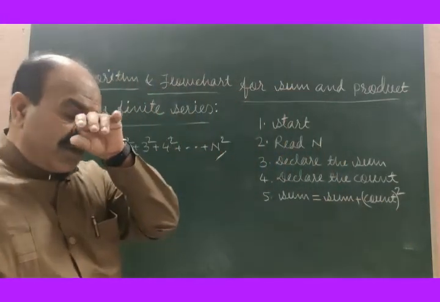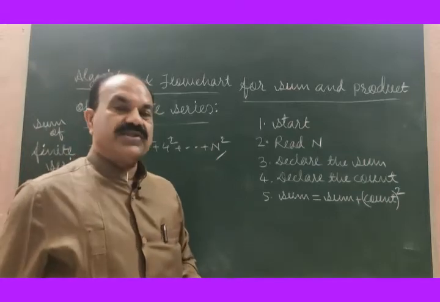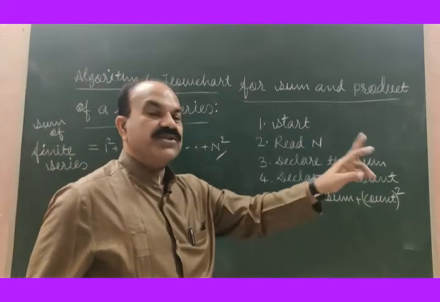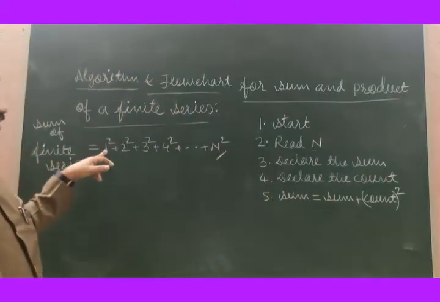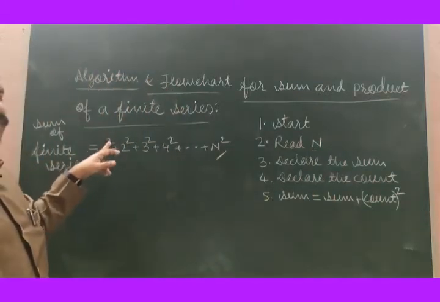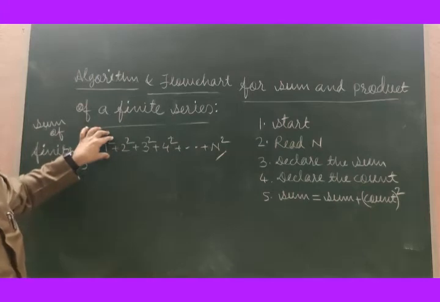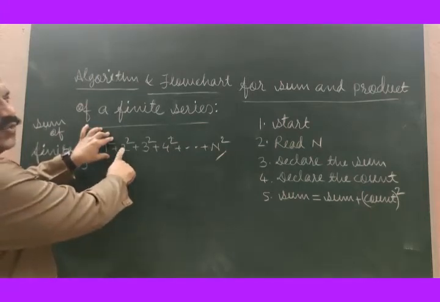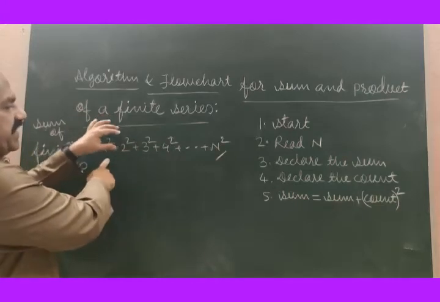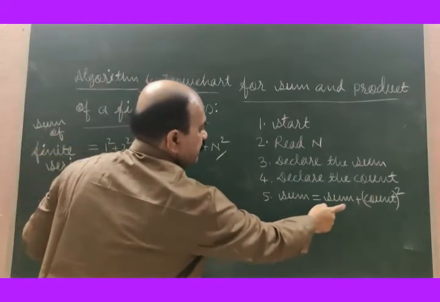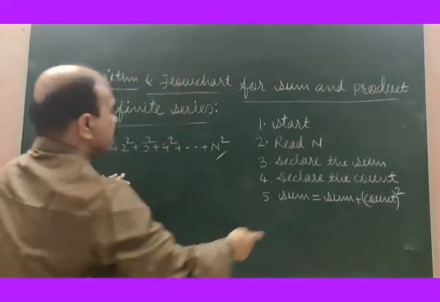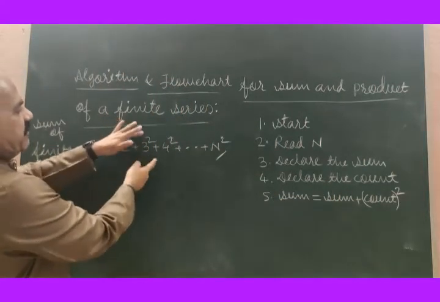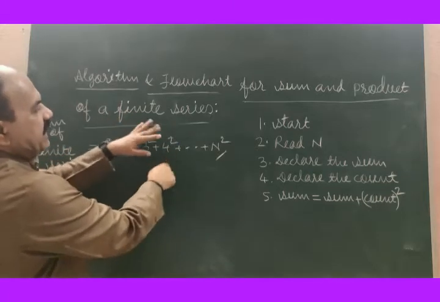The new sum is equal to the old sum plus count square. When you take 1 square, we take the first sum. Then we go to the second count, 2 square, and add it here. New sum is equal to old sum plus count square: 2 square added, 3 square added, 4 square added, and so on.